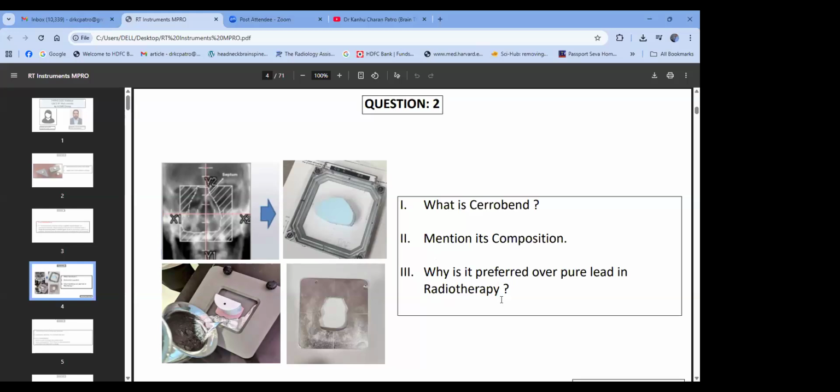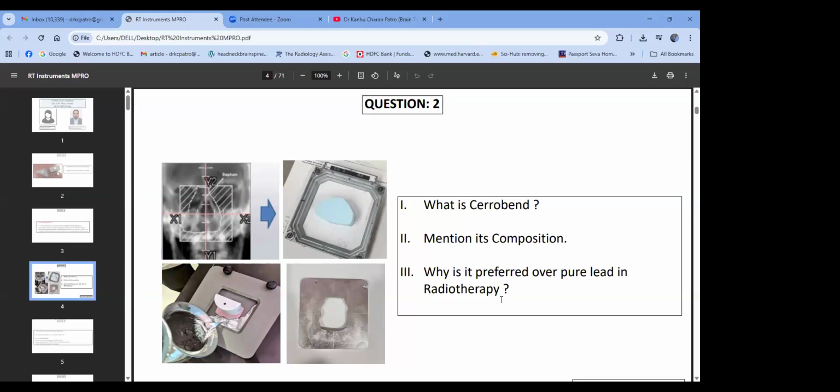Okay. When you're making a block, let's say there are two kinds of blocks: photon blocks and electron blocks. Yes, sir. What will be the approximate thickness, or how do you quantify the thickness of a Cerrobend block when you're using it for blocking a photon beam?